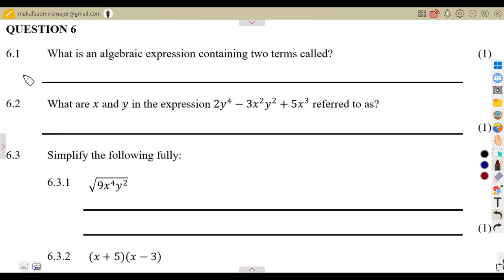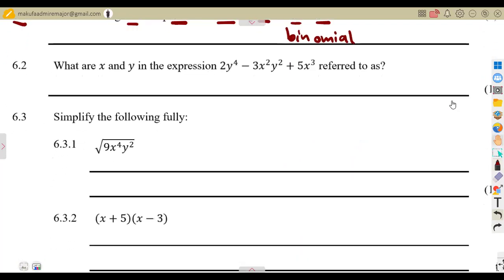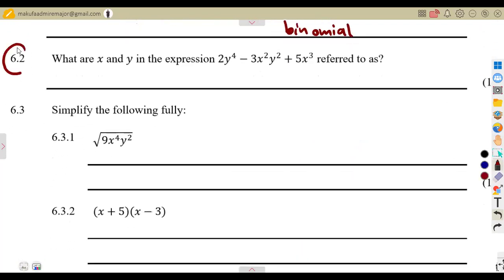Question number 6. 6.1. What is an algebraic expression containing 2 terms called? Just 2 terms. Remember, that's a binomial. So this is a binomial expression, just 2 terms. 6.2.